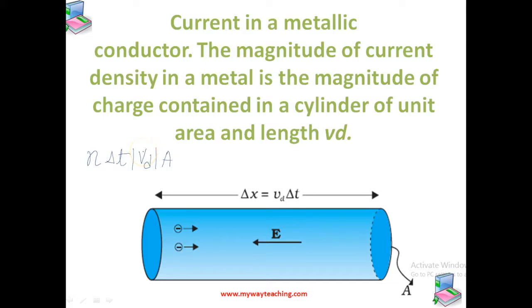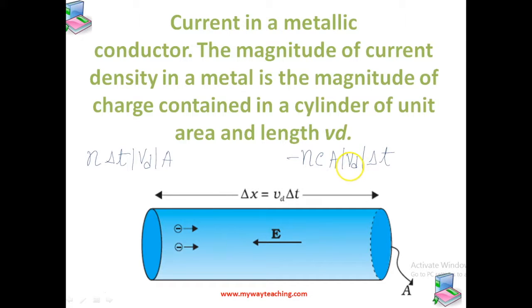Since each electron carries a charge minus e, the total charge transported across this area A to the right is given by minus n e A Vd delta t. E is directed towards the left, and hence the total charge transported along E across the area is the negative of this.